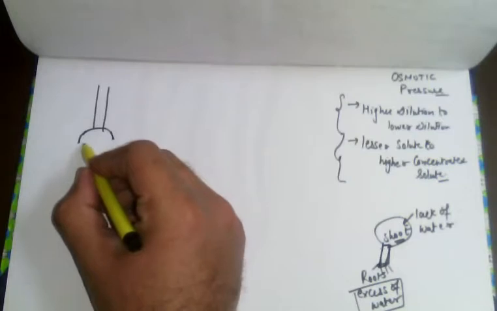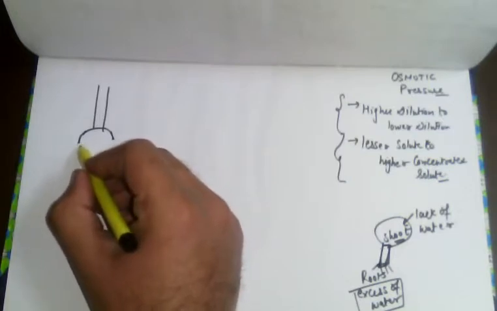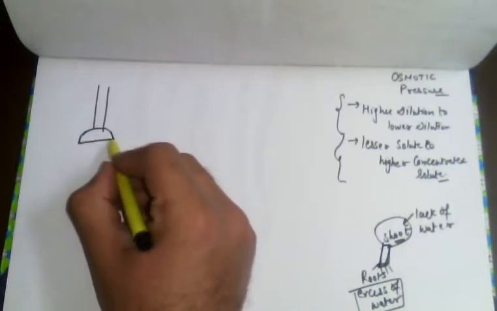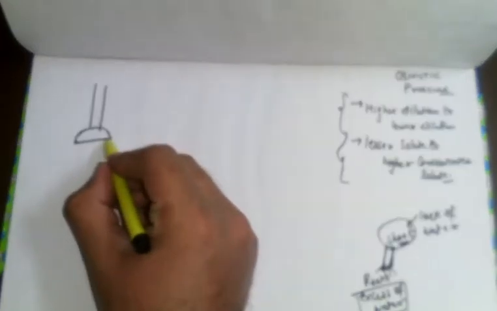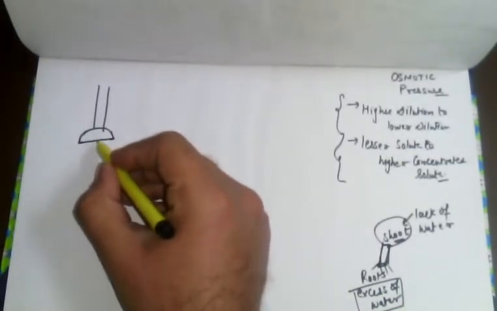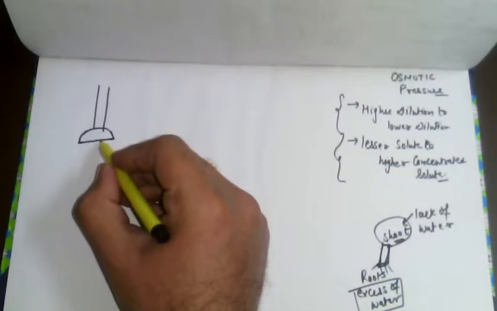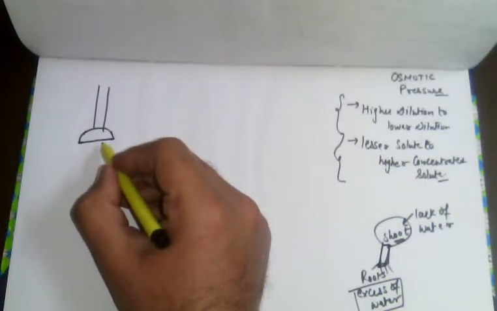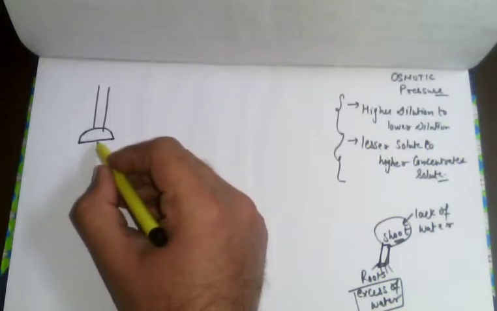If I tie it with a semi-permeable membrane, which means that it allows only solvent particles to pass through, not the solute. It will only allow the passage of solvent.